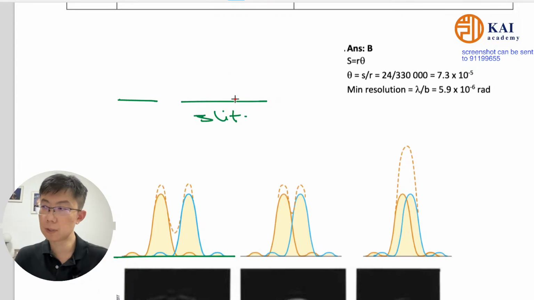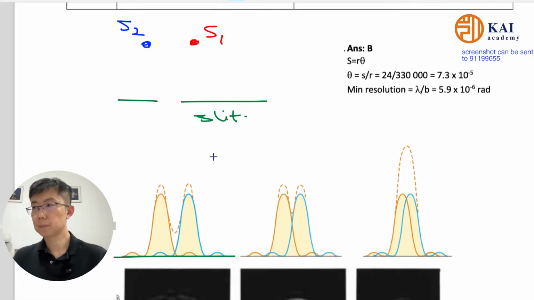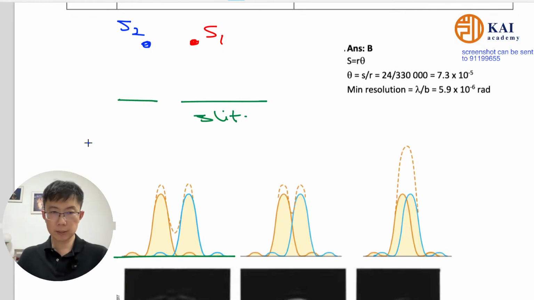I'm going to call these 2 light sources S1 and S2. I have to separate them a little bit.